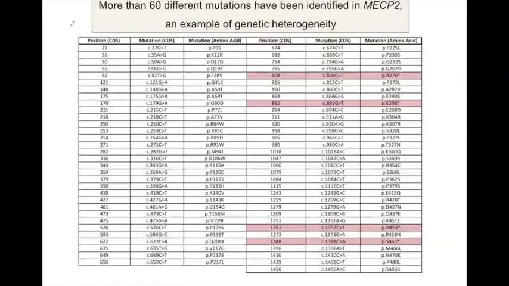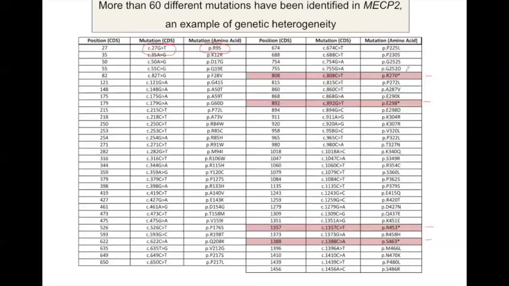Here are all of the mutations that have been characterized in European populations. You can see that in this case, they are all single nucleotide changes, for example, 27G to a T. And in this case, it changes an arginine to a serine. What you will also see is that there are a number of mutations here and here and here, which are nonsense mutations.